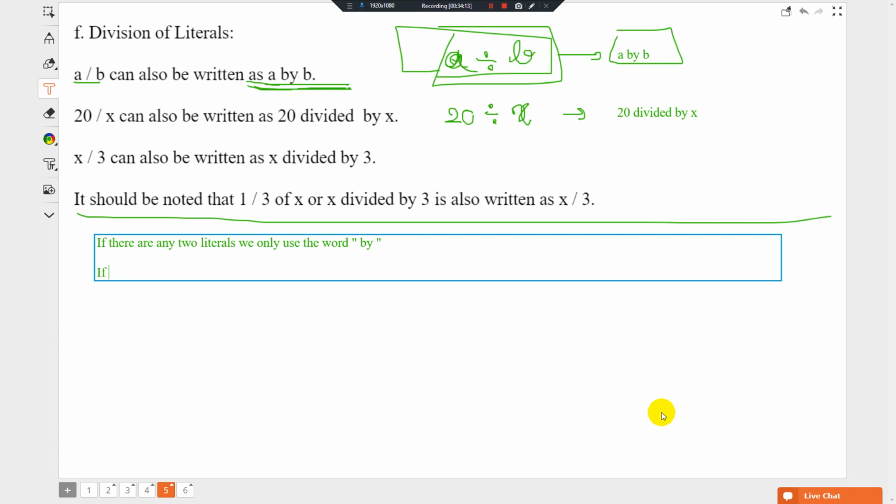If there is one literal and one number, we only use the word divided.